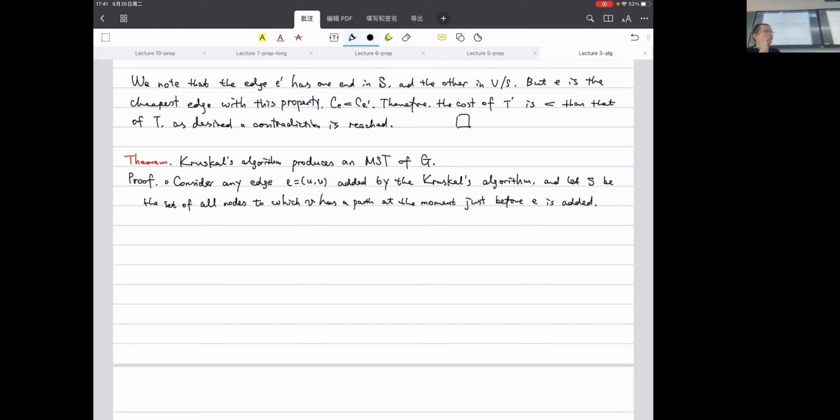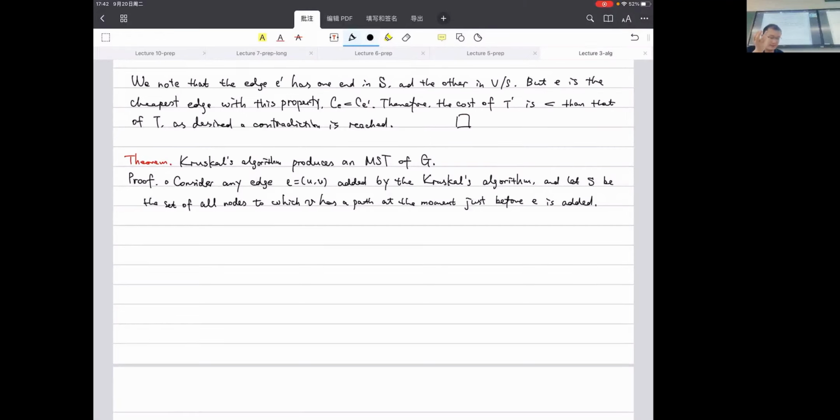So what is the point of considering this S? When we want to use the lemma, we need to figure out what the set S is. Basically, we have this S and this V over S, and we want to utilize the property that the edge with the minimum cost between S and V over S is always contained in the MST. In Kruskal's analysis, how do we do this?